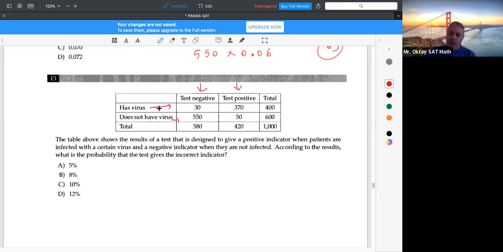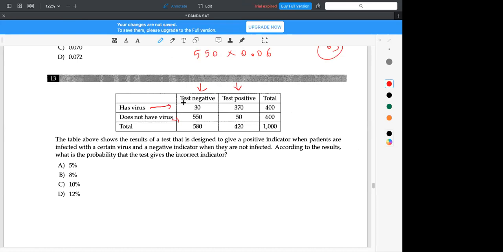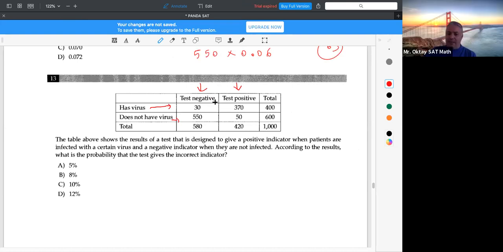So, has virus means that the virus exists. Am I right? Virus exists. Yes or no? Yes, sir. So test negative means, what does it mean? Negative indicator when they are not infected.